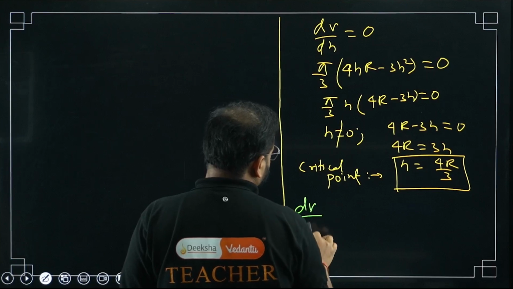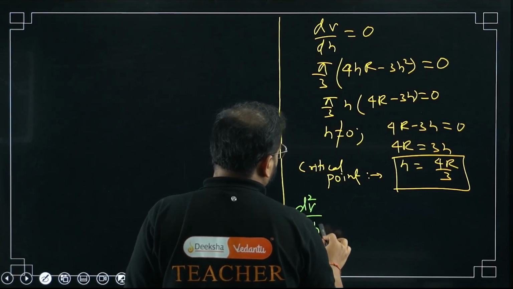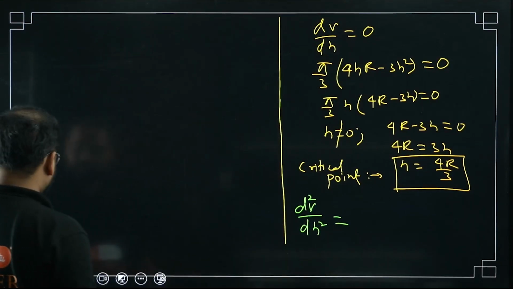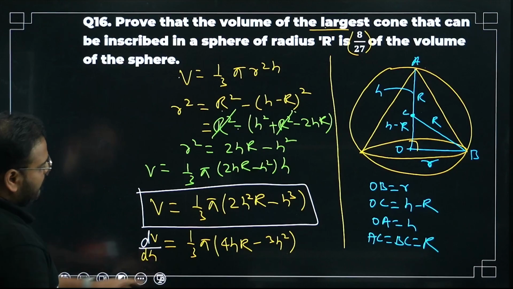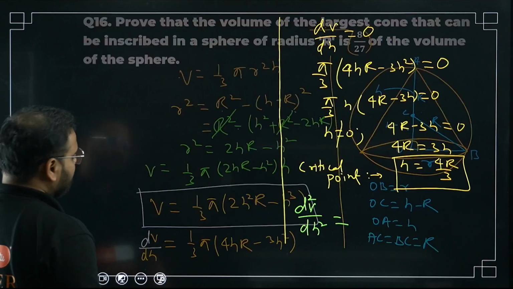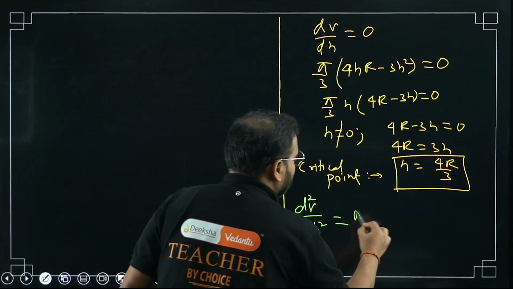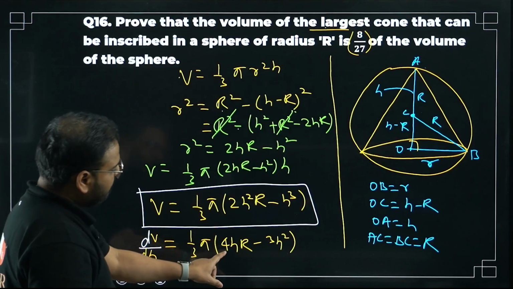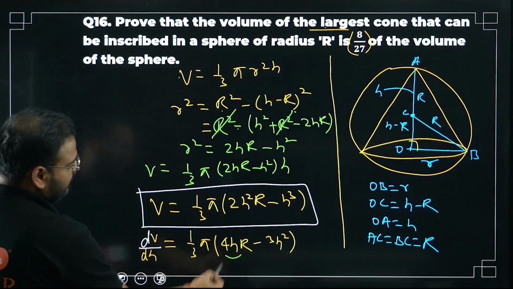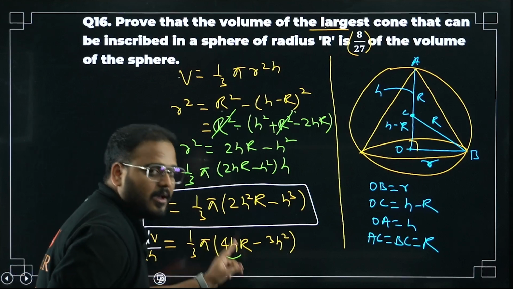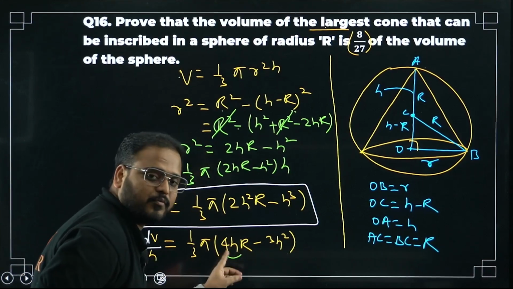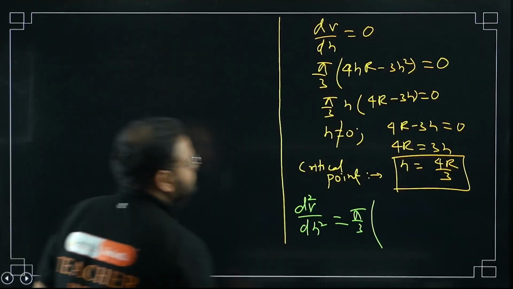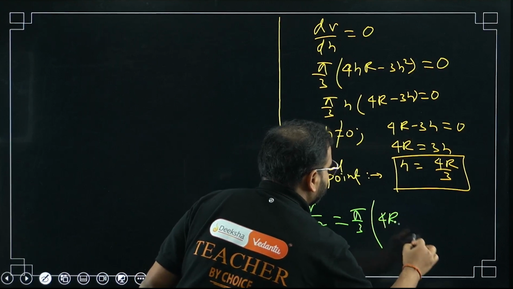Please check, d square V upon dh square. It will come as 1/3 pi constant, so outside I can write pi by 3. What about inside? If you take the derivative of the first part, it will become 4R, since h is 1. So 4R.